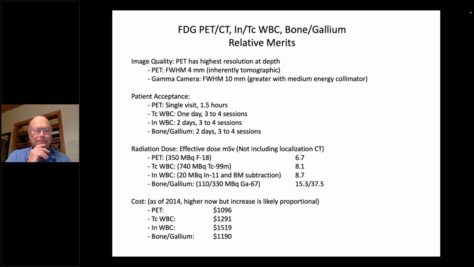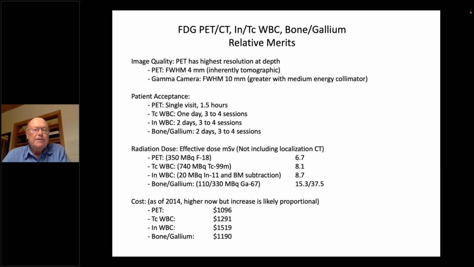In terms of bone gallium imaging, the radiation dose is significantly higher, especially if the dose is increased to improve the quality of the SPECT imaging.